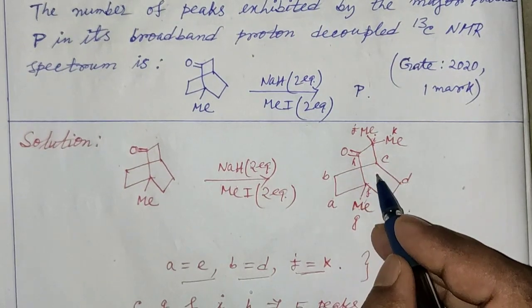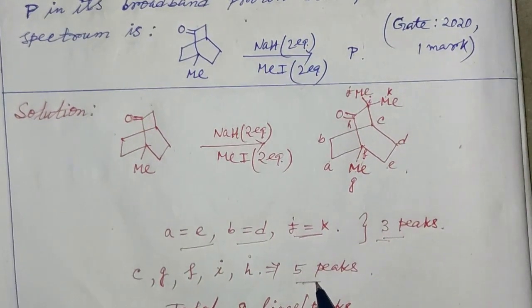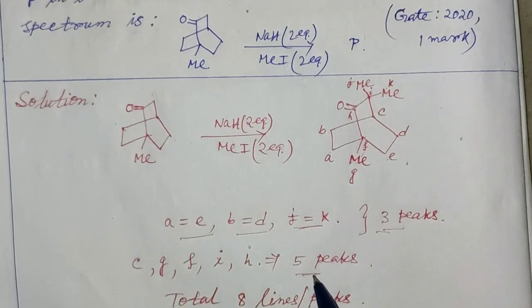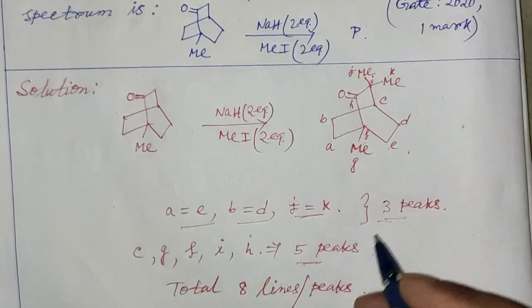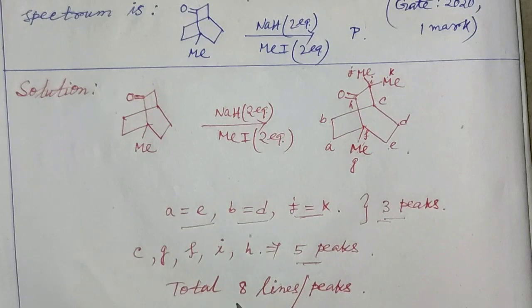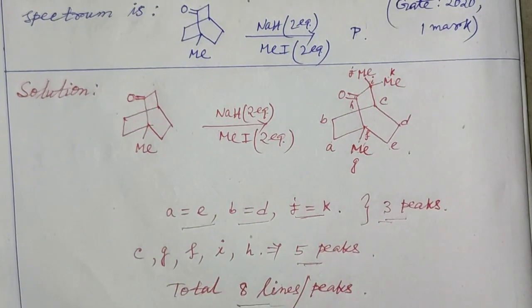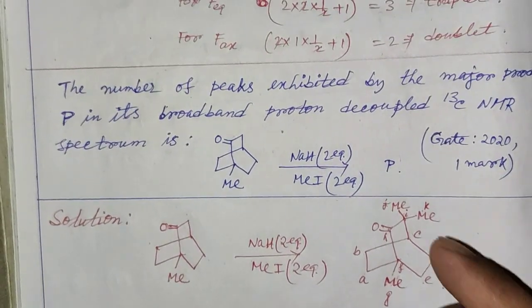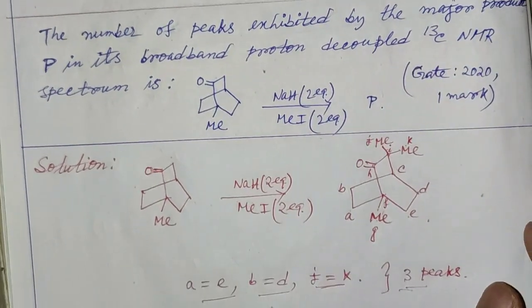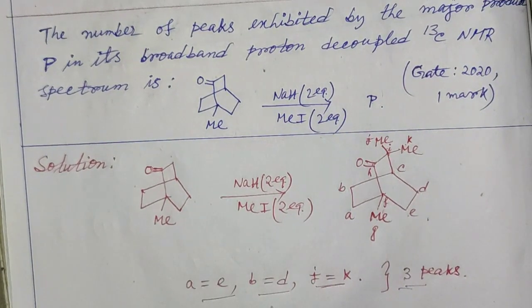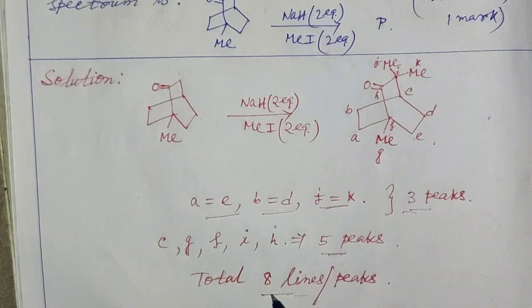There will be 5 different carbon atoms, for which there will be another 5 peaks. So in summation there will be 8 lines or 8 peaks in the 13C spectrum. This is a numerical answer type question, so the answer is 8.